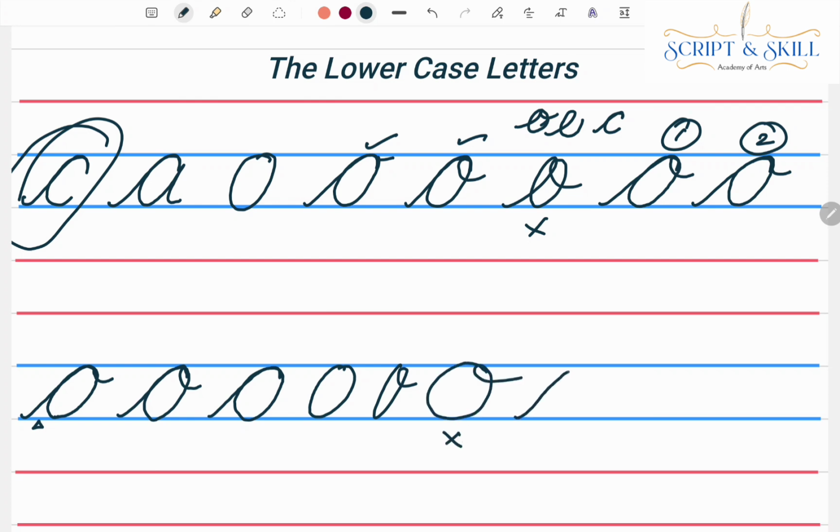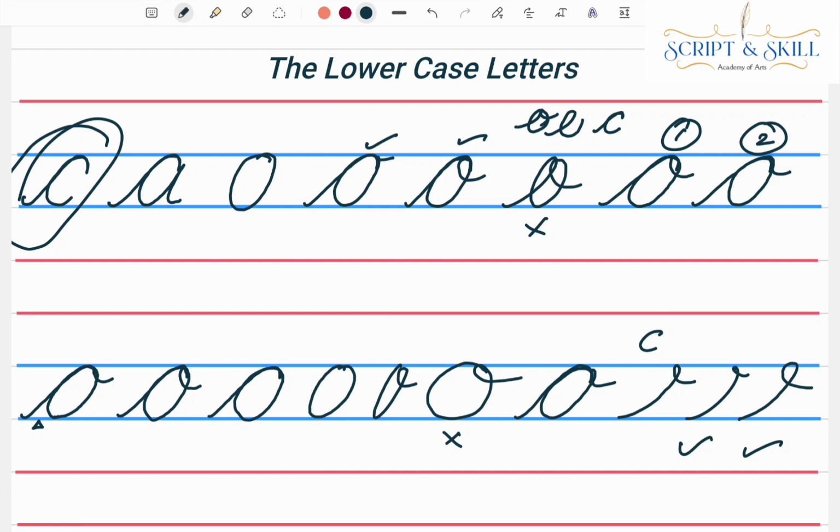An oval is the right way to write the letter O. It goes like this, the second part. You write the C, and then from the bottom you bring it up with the loop or without the loop. You can decide which one you'd like to follow. So that's all about the letter O.